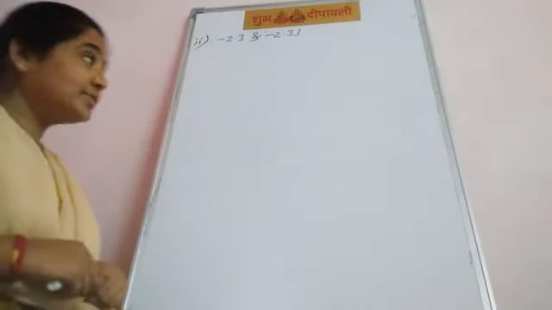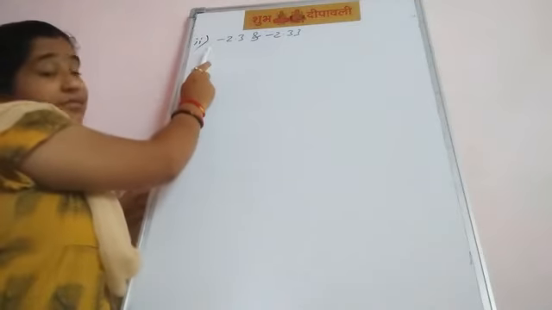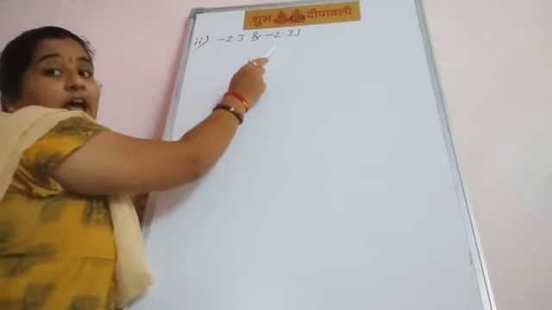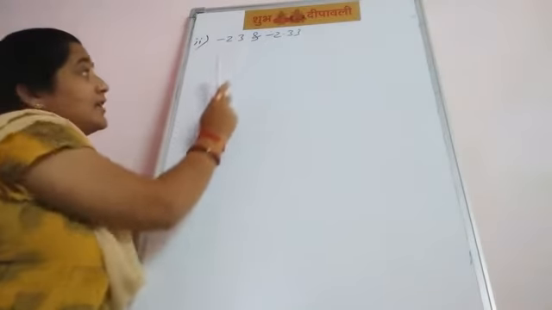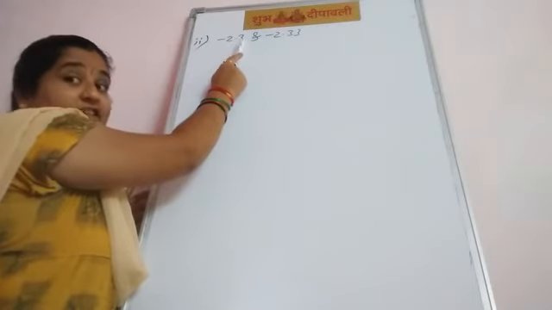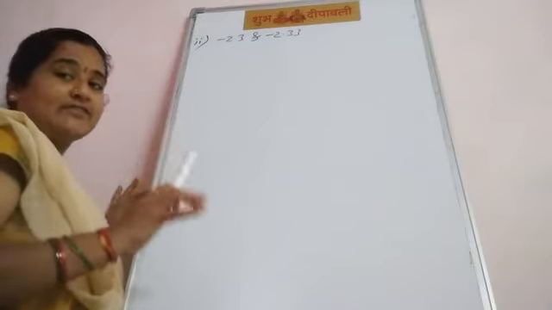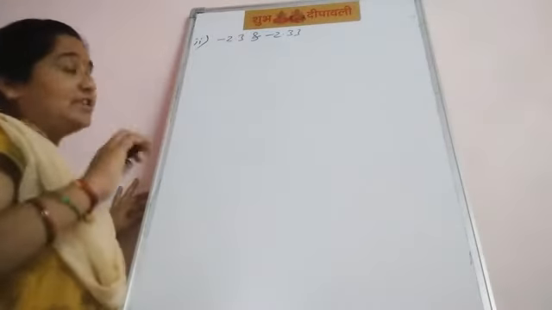Students, now fourth bit, second question. Write any three rational numbers between minus 2.3 and minus 2.33. See here, if you observe, after the decimal point here 1 digit is there, and here 2 digits are there. I want to make them equal, so here I will add 0.